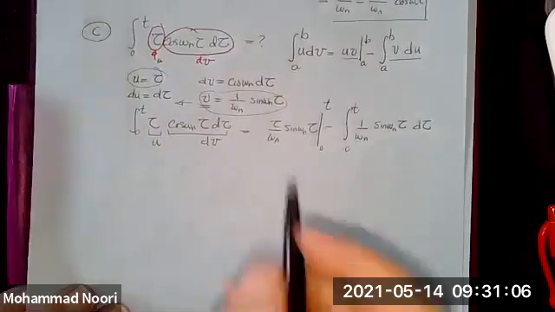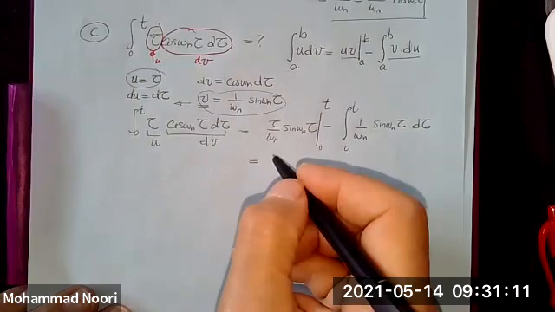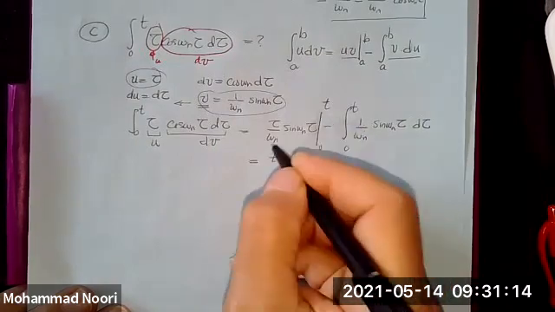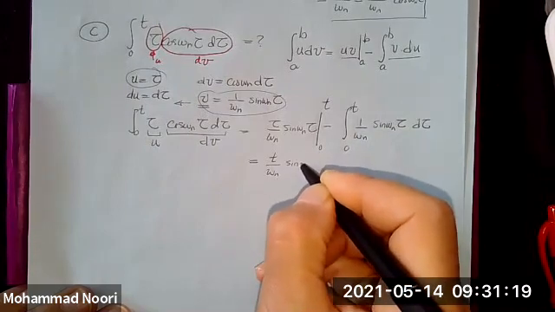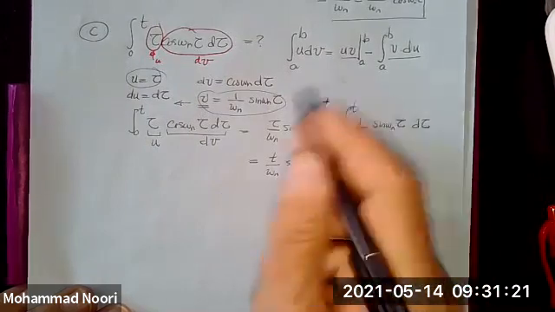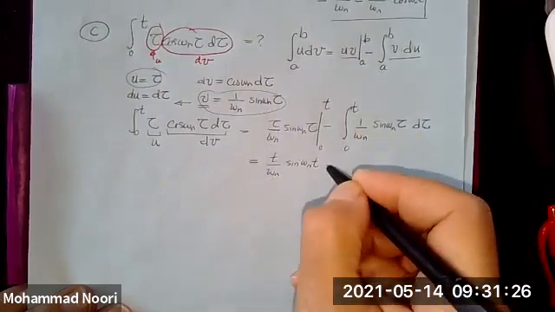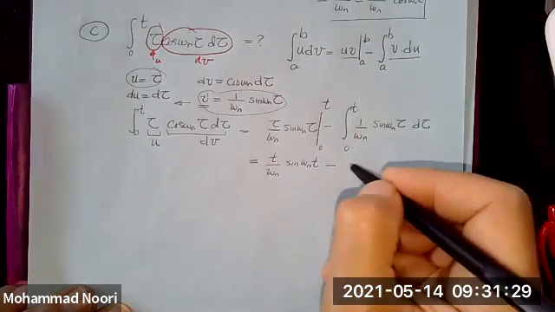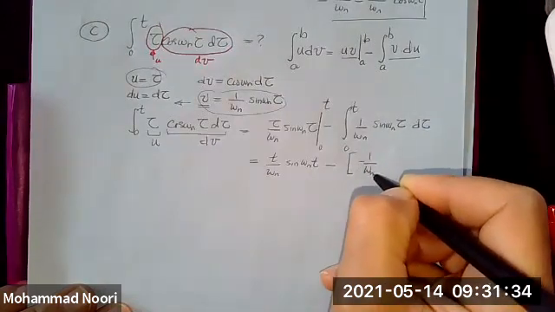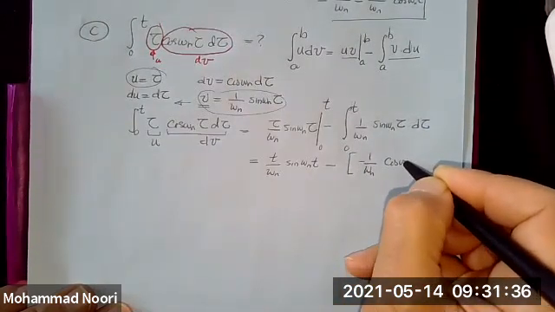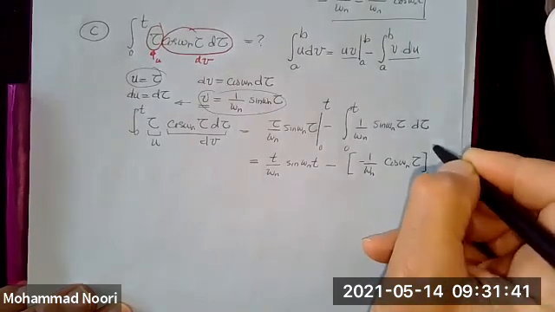So this is easy now to evaluate. Substitute for tau, t, so it would be t over omega n sine omega n t minus 0 over omega n sine of 0, which is 0, right? This one, you have negative 1 over omega n cosine omega n tau evaluated from 0 to t.